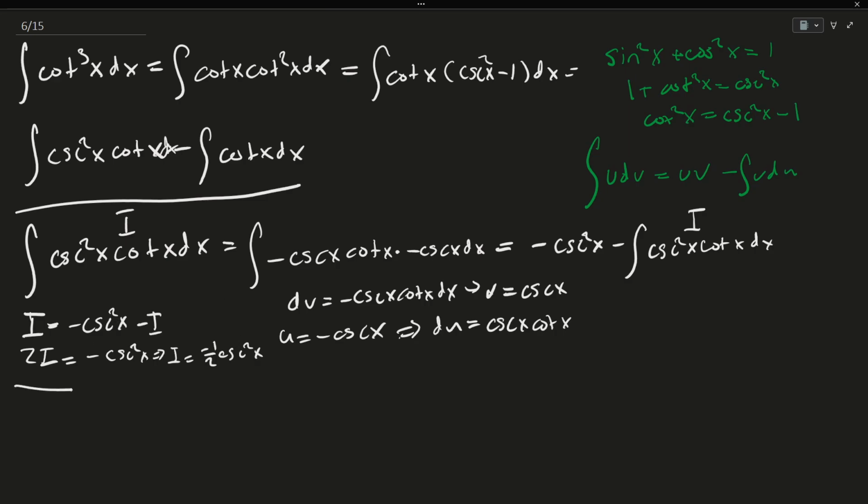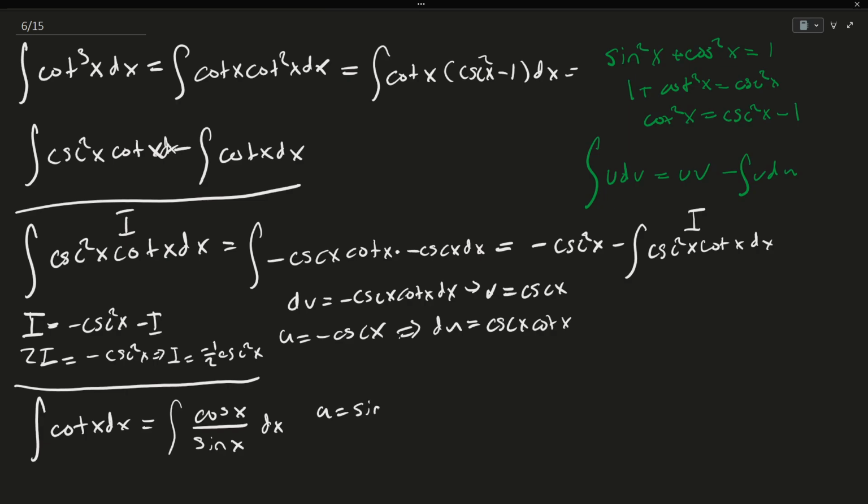Alright, so now we need to solve for the integral of cotangent x. Cotangent is defined as cosine x divided by sine x. So in a u substitution, we are going to use the denominator. If we use u equals sine x, du equals cosine x dx, and we see cosine x dx matches with du.